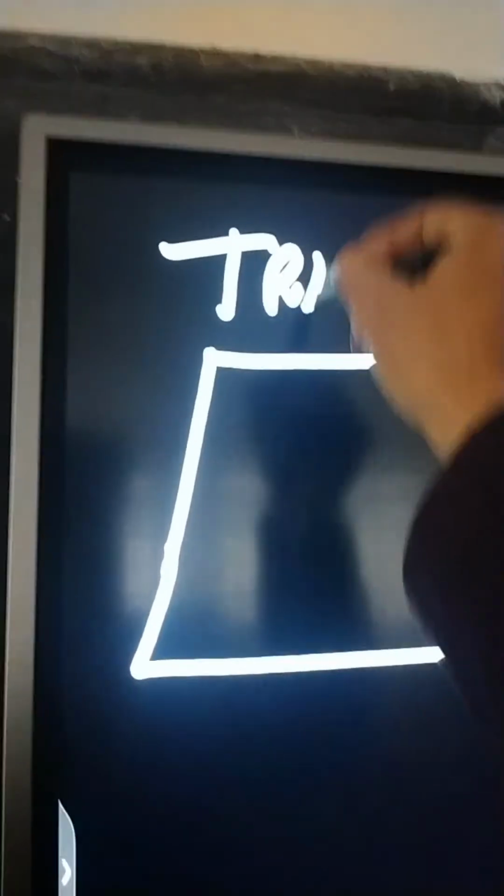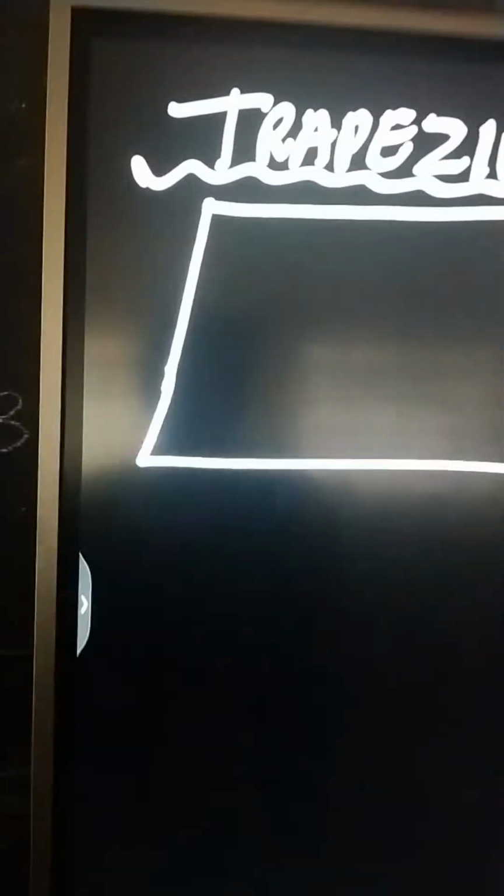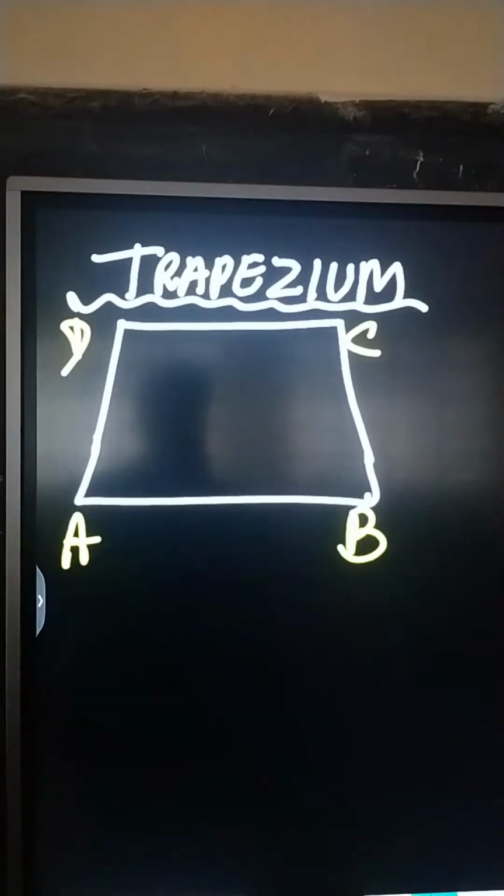Next quadrilateral is a trapezium. So what is a trapezium? If you see the book, you will see that there is a trapezium given. Now if I call it by names A, B, C, D. A trapezium is different from a parallelogram, but it has some special property.